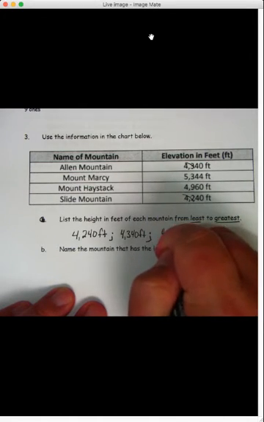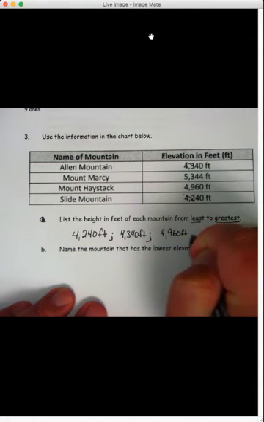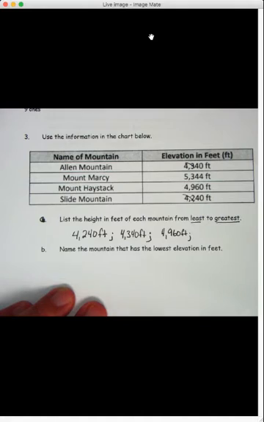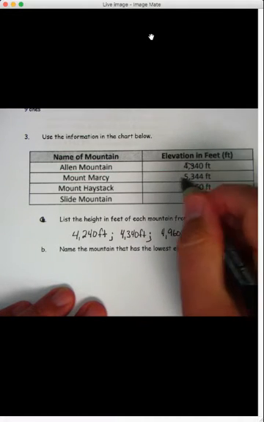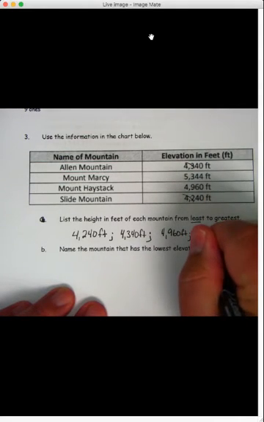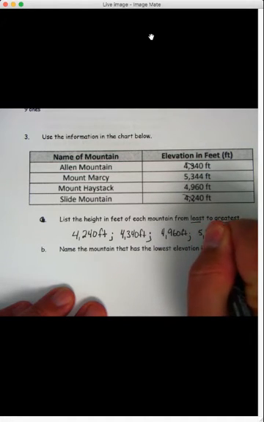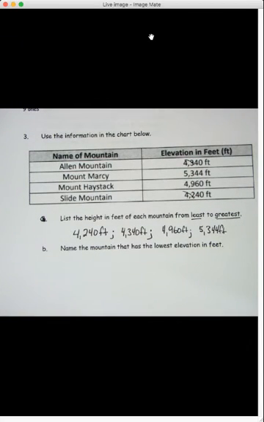So 4,960 feet, semicolon. And the biggest one then is Mount Marcy because it has a height of 4,344 feet. So there, those mountains are listed in order from least to greatest.